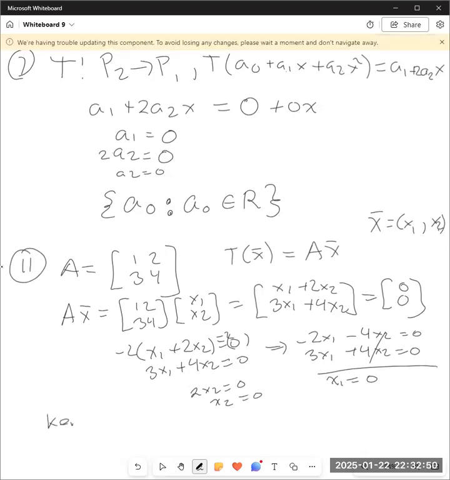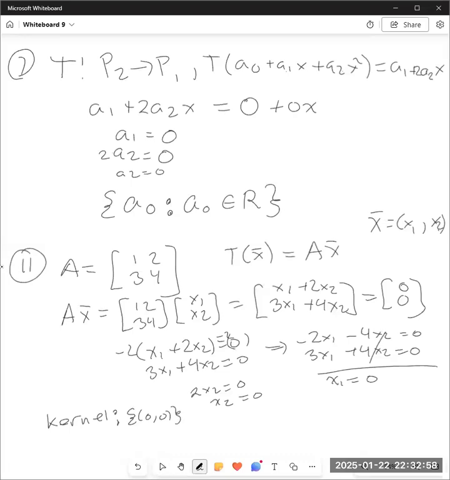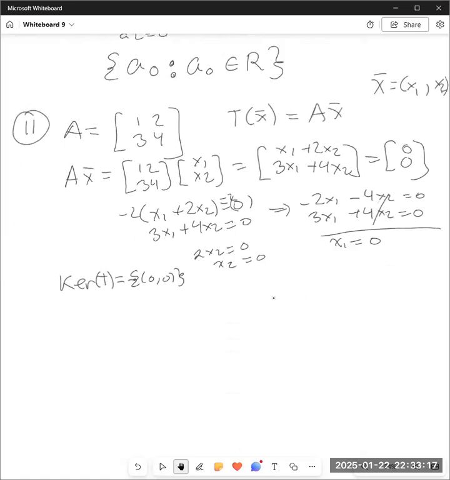So my kernel is the set containing 0, 0. You just abbreviate that KER of transformation T is equal to set notation, the 0 vector there. So that was part A, to find that.